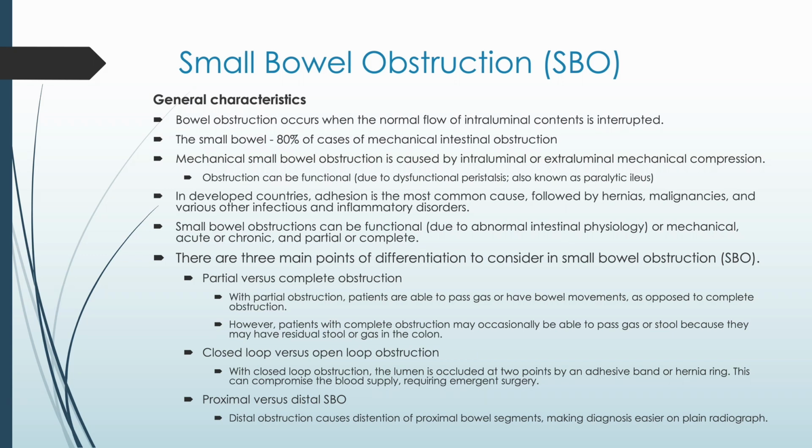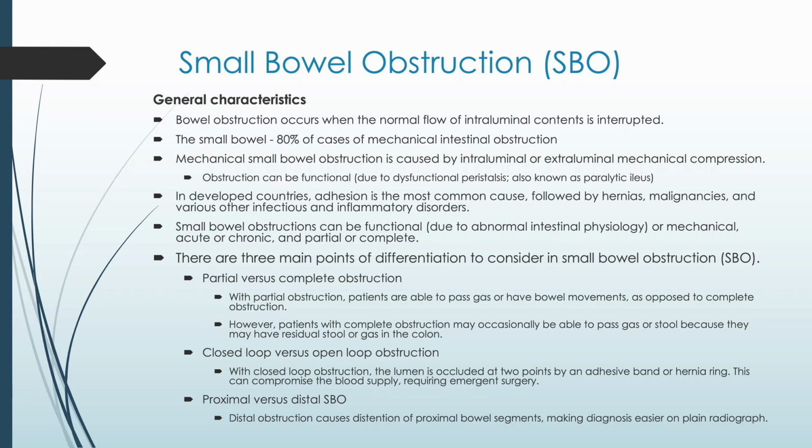It's one, a mechanical small bowel obstruction, or it can be a functional obstruction, meaning that there's not something physically obstructing it, but the peristalsis is dysfunctional, therefore you have an obstruction that way. That's what we term an adynamic or paralytic ileus, which we'll talk about later as well. So for right now, we're going to be discussing mechanical small bowel obstructions.